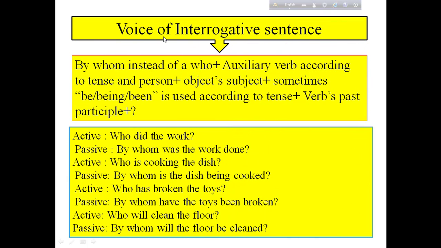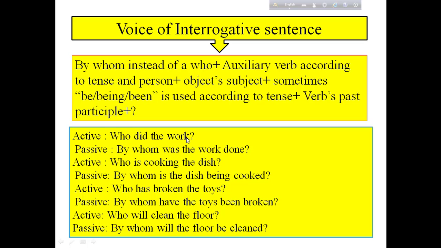Now, our today's topic, voice of interrogative sentence. Let's see how to solve the problem. Dear students, let's solve the problem.